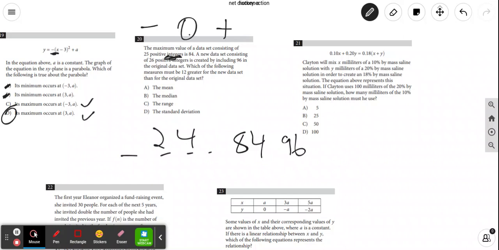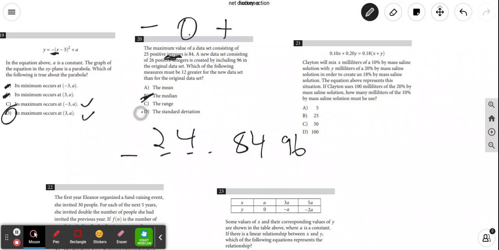Which of the following measures must be 12 greater for the new dataset than the original dataset? It's not the median, because you don't know, it could change. It probably isn't 12 larger. It may be, but probably isn't. The standard deviation has a complex formula.